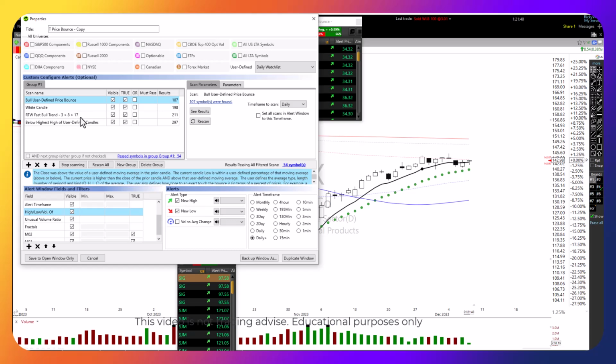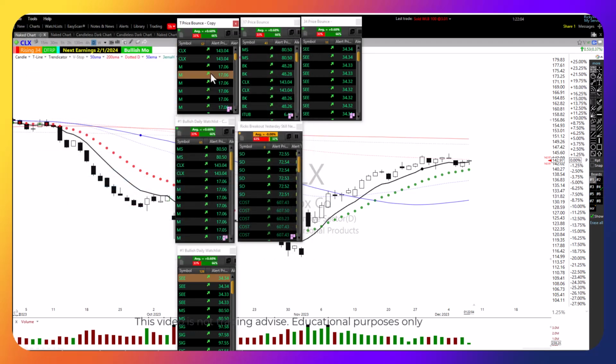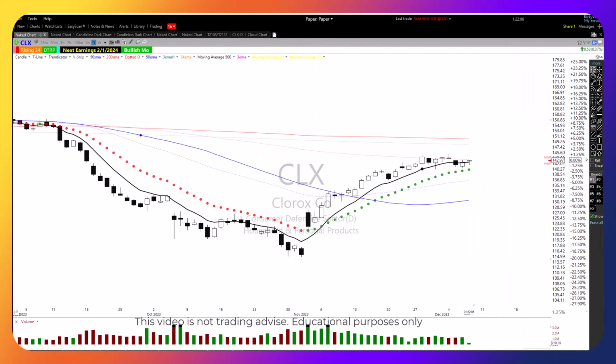So I'm doing exactly what you're doing. I trust the scanner. I just simply don't need the 3 on my charts. But it is being scanned with that 3 in there, okay? So I totally hear what you're saying. I'm just doing it a different way.